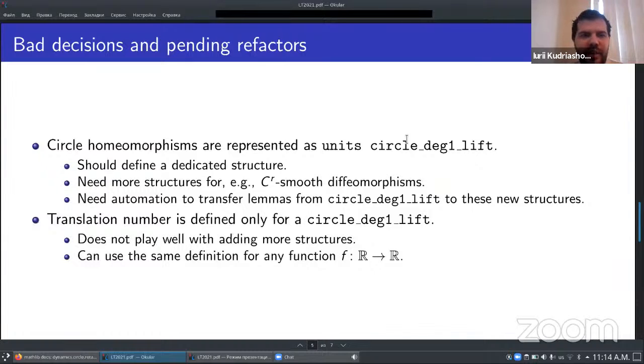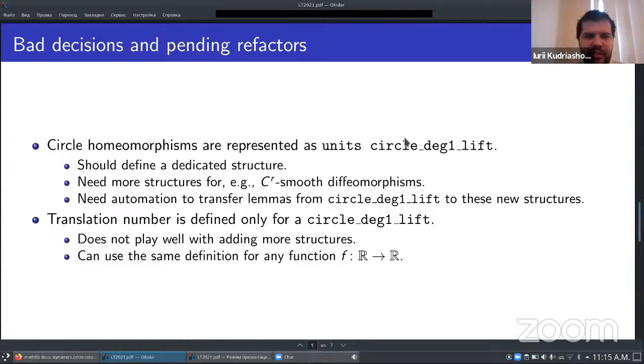Another minor issue, probably I'm going to fix it in a few days, is that I defined a translation number only for circle deg1 lift. And this will not play nice with more structures.